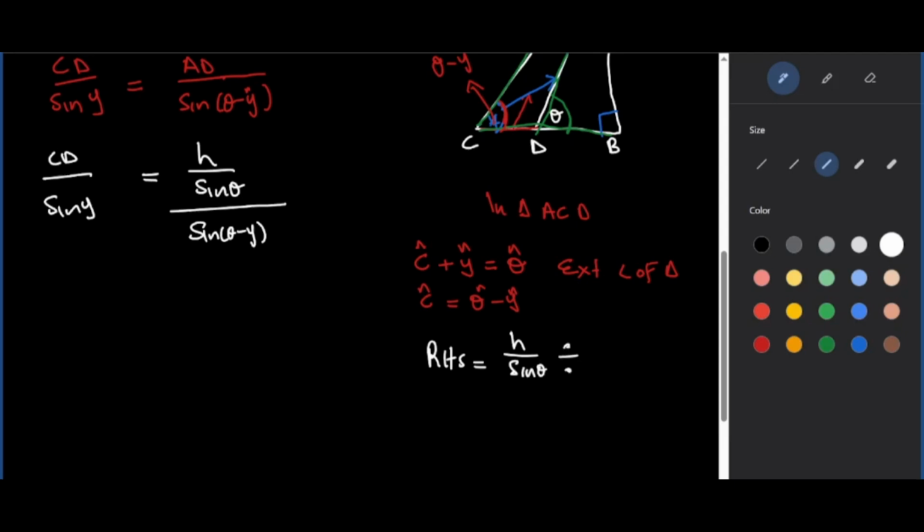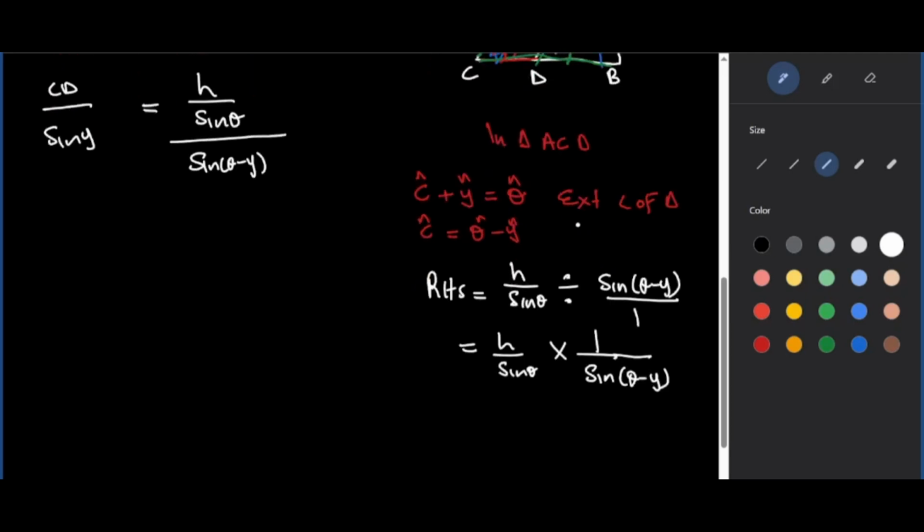We are dividing this by the sine of theta minus y, and everything is divided by 1. Therefore, the right hand side will be h over the sine of theta. Instead of division, we multiply by the reciprocal of that fraction, which is the sine of theta minus y. Are you happy with me on that?